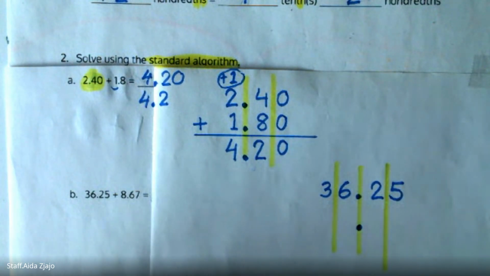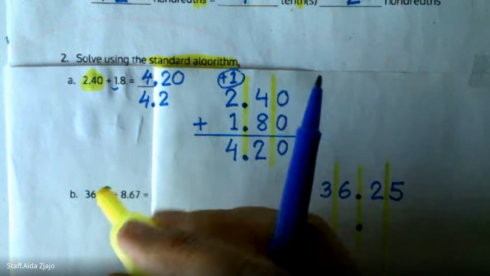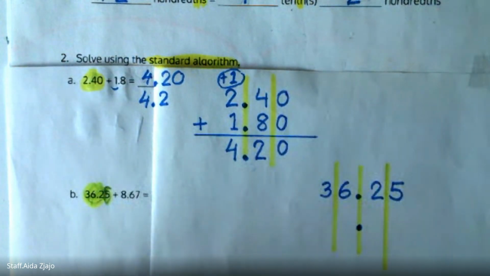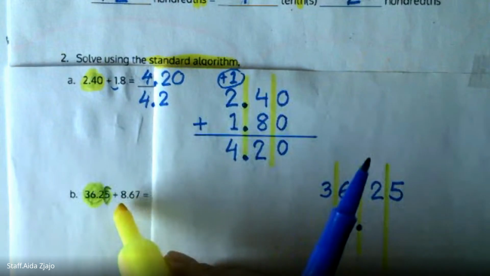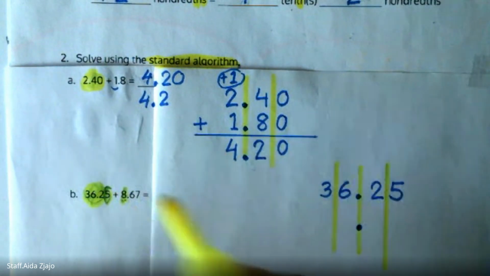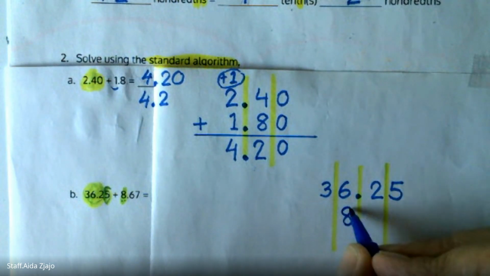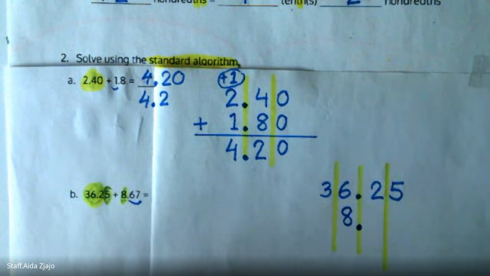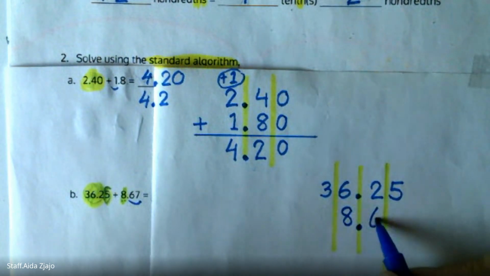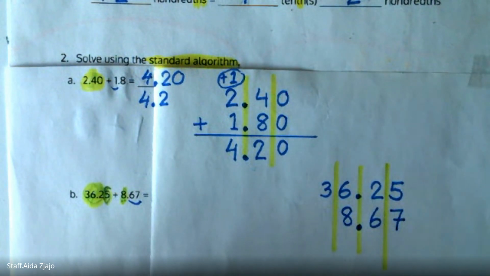On this, we just wrote this number, 36 and 25 hundredths. Now 8 wholes is our next. So we have 8 wholes and 67 hundredths.